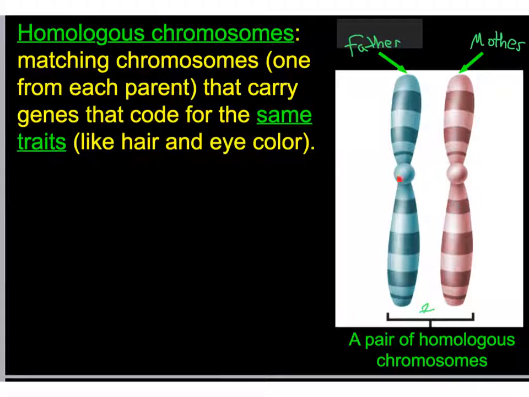And so what these chromosomes have is the same genes. So maybe in this region of the chromosome here, we have genes that are controlling eye color or hair color, right? Maybe we got blonde hair from mom and brownish hair from dad. And so we're going to be some combination of those traits. And we'll look at how that works with dominance or recessive and all that kind of stuff later on in this unit. But for now, understand that's what homologous pairs of chromosomes are.